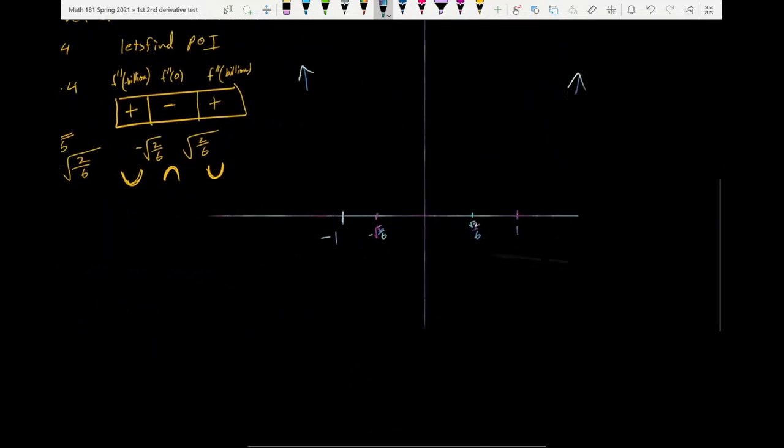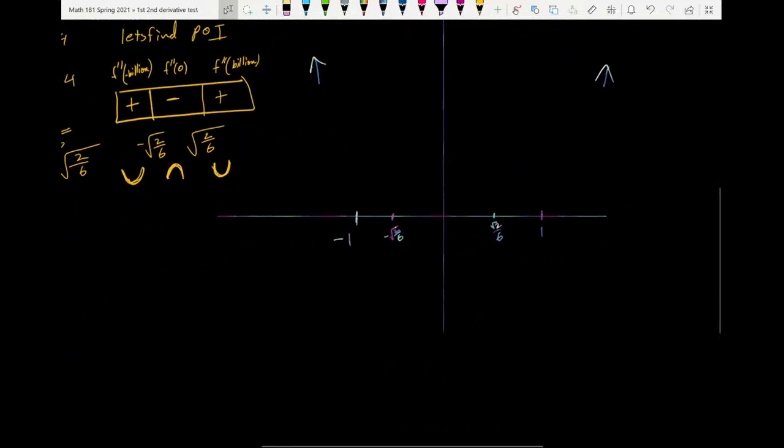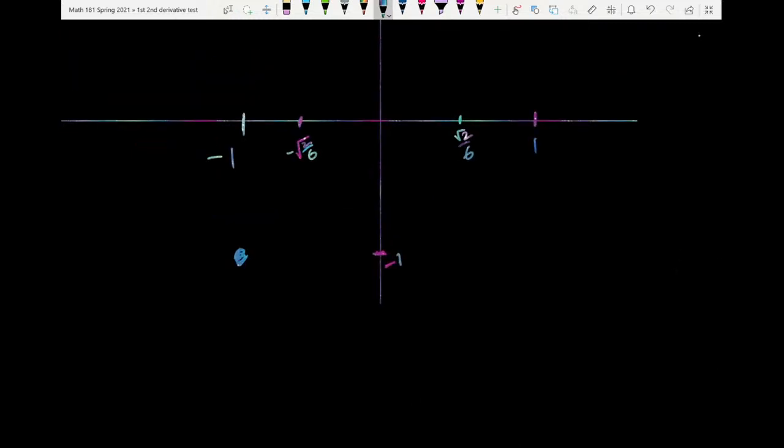Well, we know our minimums are going to be at -1 and 1. So one of the minimum points is going to be right over here. The other minimum point is going to be right over here. So minimum means this is how the graph should look. Let me use a different color. And that's going to be your maximum. Your graph will look like that.